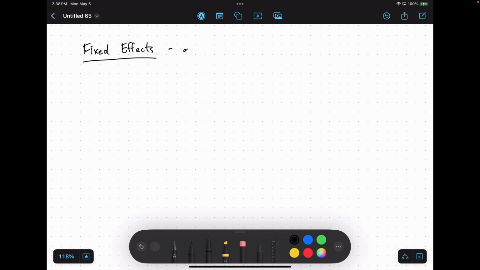This is a method for controlling all variables, observed or not, which is one of the really powerful things about fixed effects.